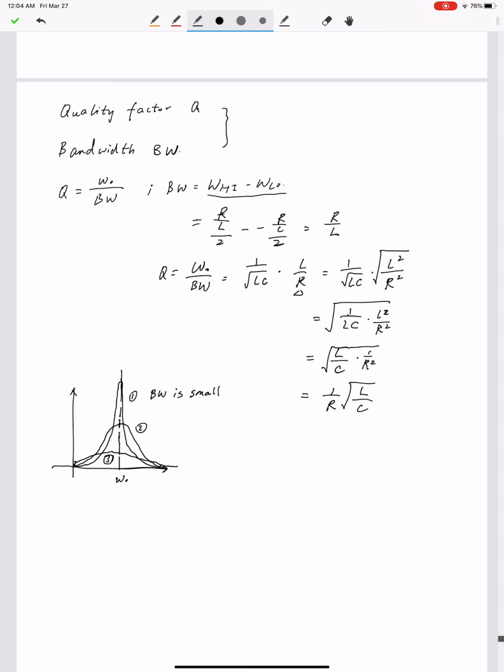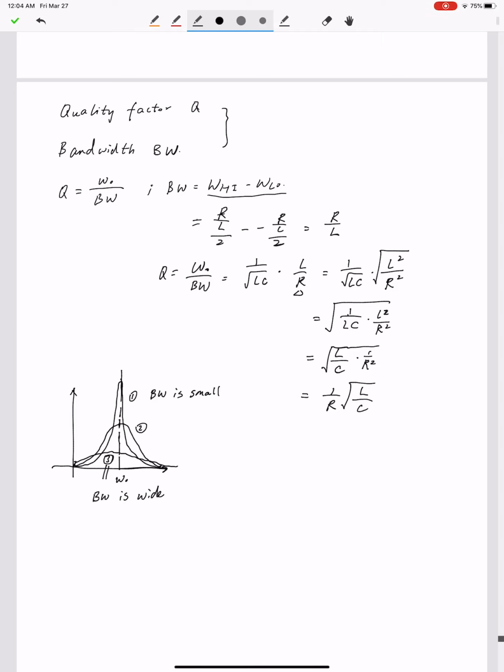And for the third one, the bandwidth is wide, right? We can observe the bandwidth from the shape of the third bandpass filter. It has a very short and very wide shape, which means the bandwidth will also be very wide.